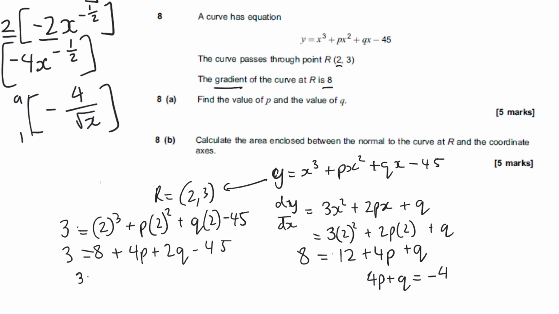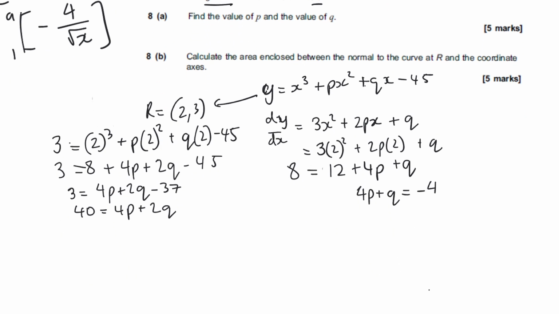Simplifying this even further, that would leave us with 4p plus 2q, so 8 minus 45 would leave us with minus 37. So then that's equal to 3, and then to simplify that even further, we're going to add 37 to both sides, so 40 would equal 4p plus 2q.